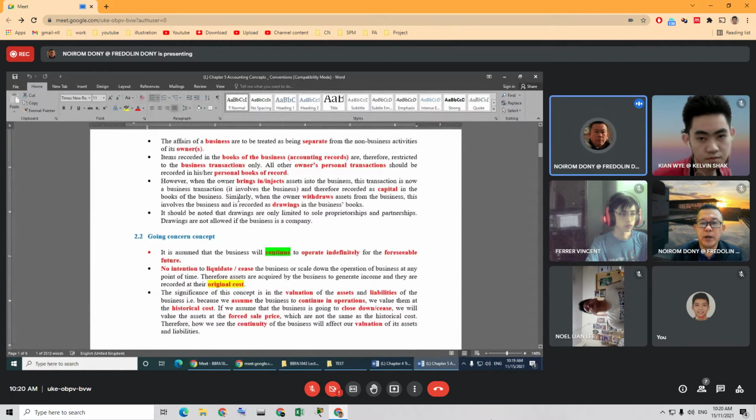Similarly, when the owner withdraws assets from the business, this involves the business and it is recorded in drawings in the books. It should be noted the drawings are only limited to sole proprietorship and partnership. Remember, we have a few business ownership types, isn't it?